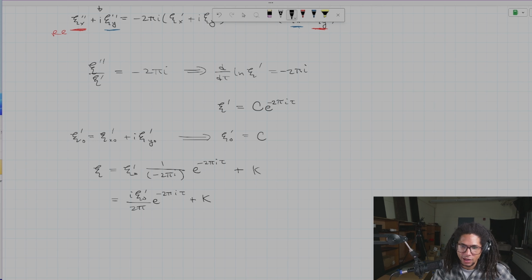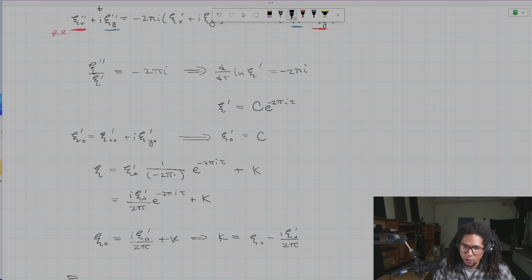And what is K? Well, I'll need to set tau equal to 0 and then move things around to solve for K. So I'll get c naught is equal to i c naught prime over 2 pi plus K. That implies that K is equal to c naught minus i c naught prime over 2 pi.